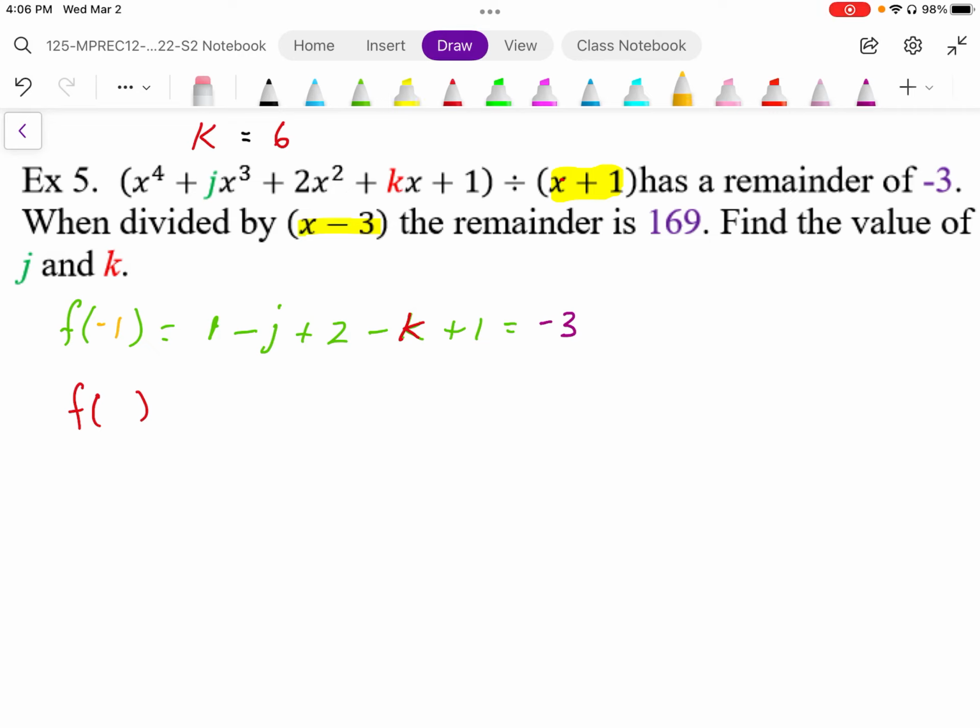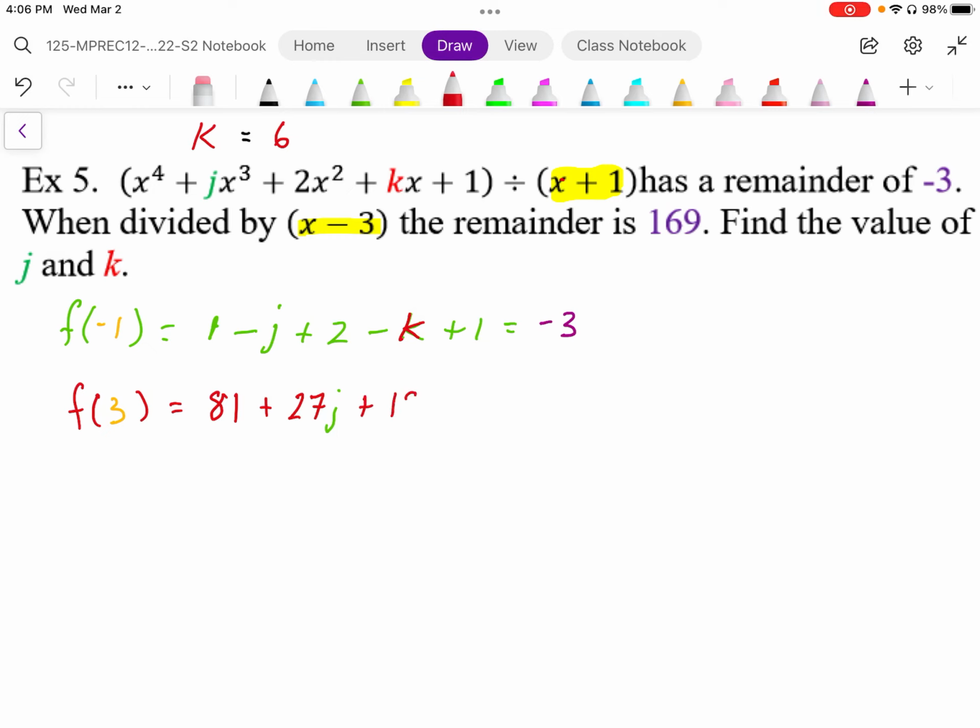So if I do f of positive 3, I'm going to plug 3 into this equation. So I'm going to get 3 to the power 4. That's going to be 81 plus j times 3 to the power 3, which is 27. So I end up with 27j. I'm going to put 3 into this, plus 2 times 3 squared.